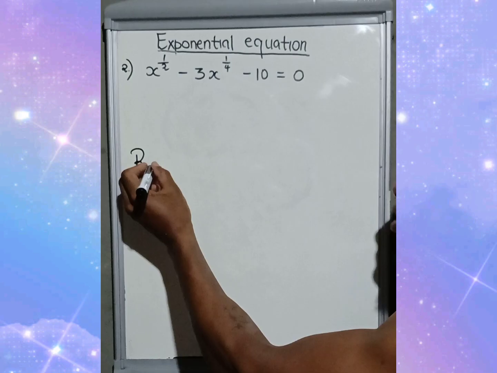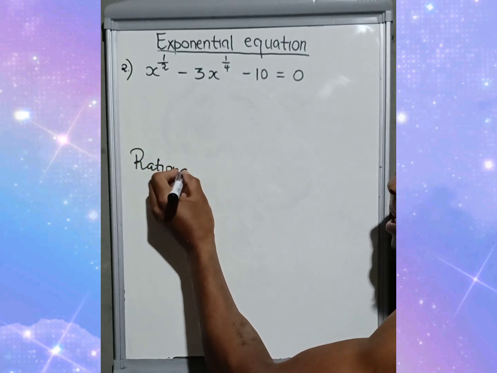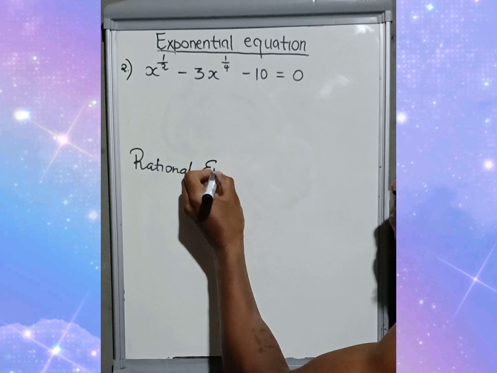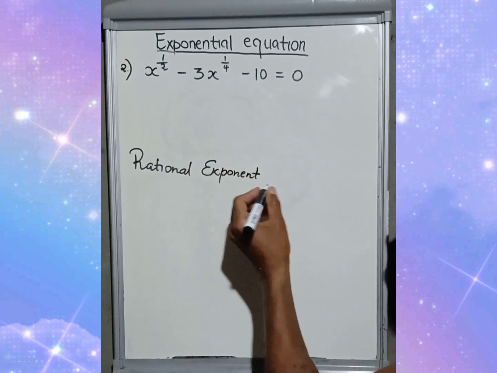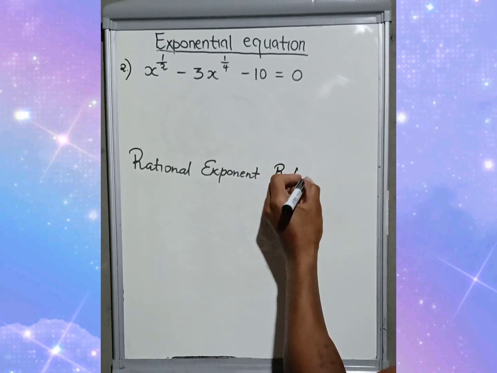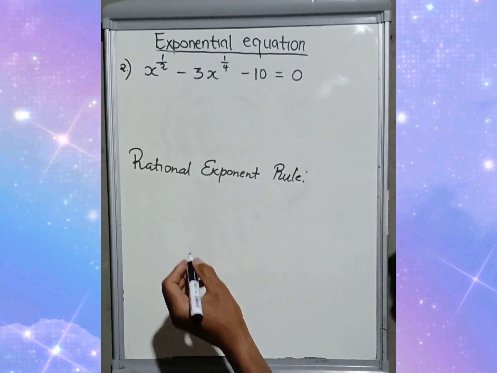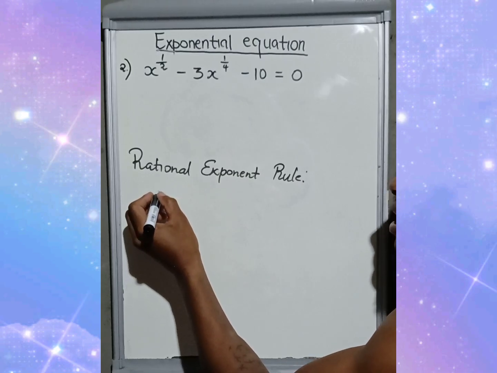Let's explain it this way. This is the rational exponent rule. When we talk about the rational exponent rule, you look at the radical sign.